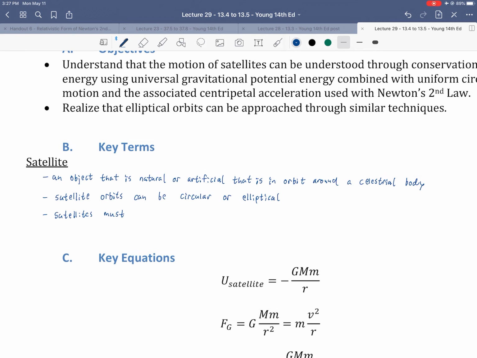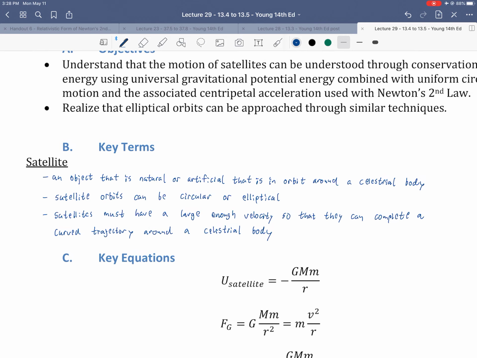So satellites must have a large enough velocity, and we'll say so that they can complete a curved trajectory around a world, or celestial body, as I said before. Okay, a general term for a planet or a moon or something like that. Okay, so the idea there is a fun one.